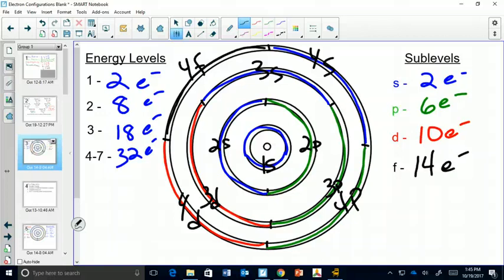It's just whatever is the outermost. Each element has different amounts of valence electrons, and their electrons are in different spaces. We'll talk about how that's what electron configurations show, where the electrons are. Are you with me? Okay.